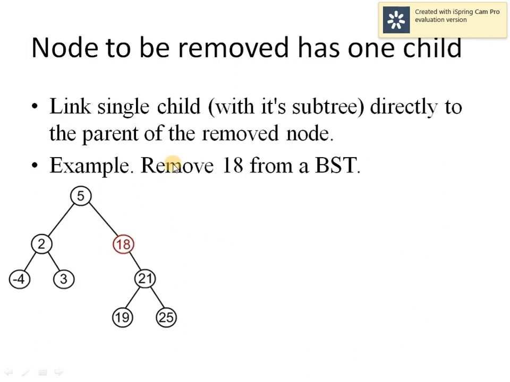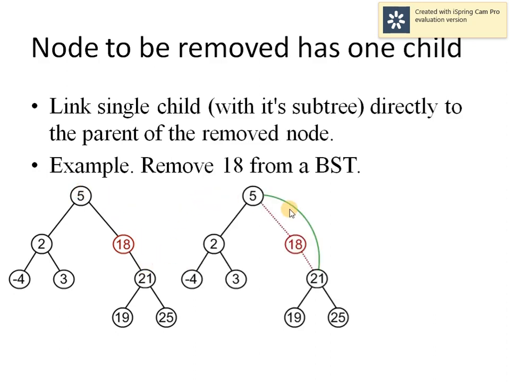The next case is that we are trying to remove a node which has a single child, either the left child or the right child. Again, it is a simple case. In this binary search tree, we are trying to delete 18, and 18 is a node having only a single right child. In order to delete this node, we simply connect 5 to 21.